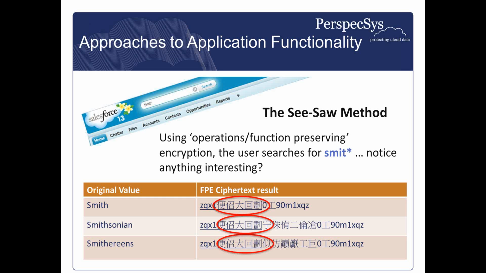If a user types a search like starts with Smith or starts with SMIT, and I encrypt that search term and send it on its merry way to the cloud, I will be able to find Smith, Smithsonian, and Smithereens because we've preserved the ciphertext with a very specific pattern. So they all have the same set of characters.